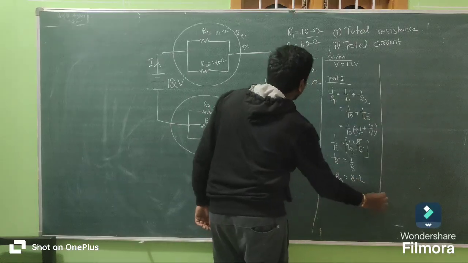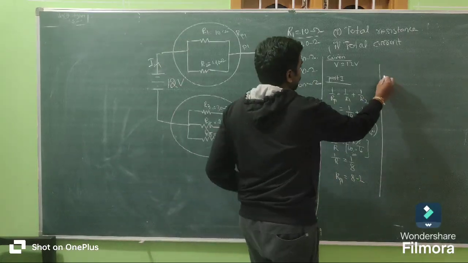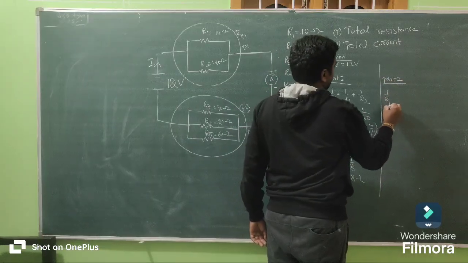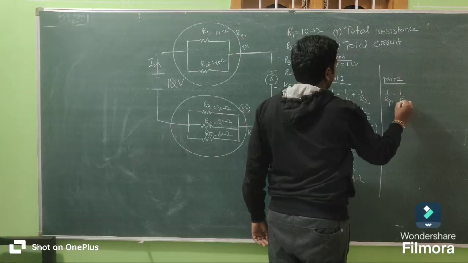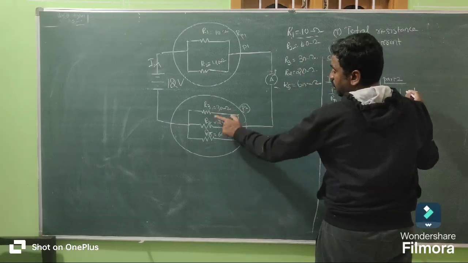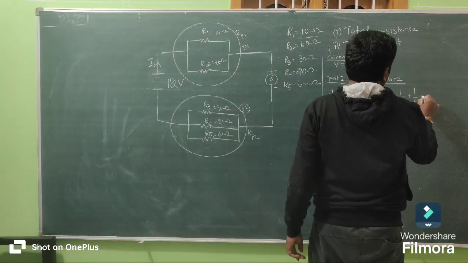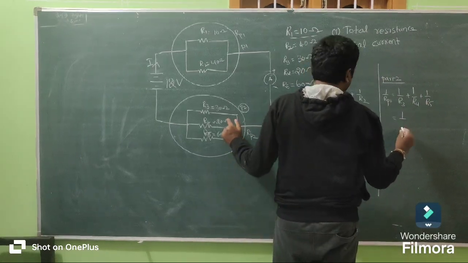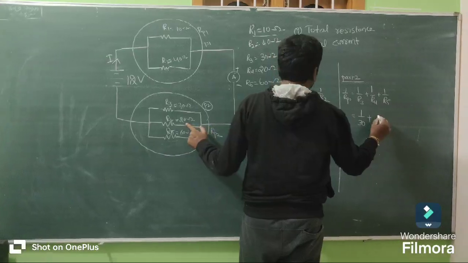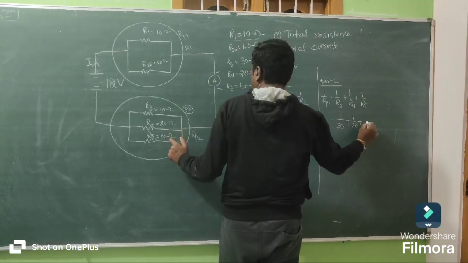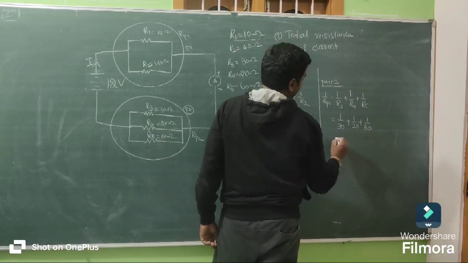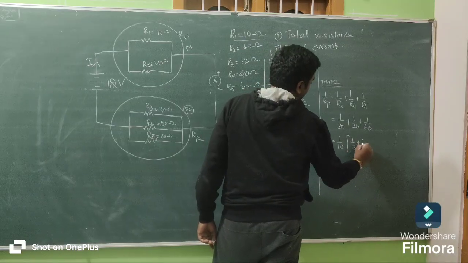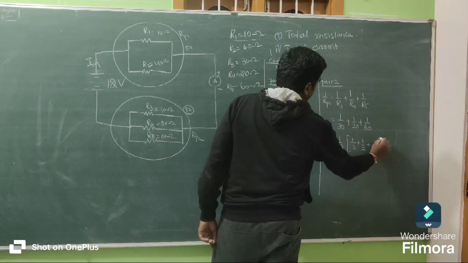Now we have to do the second part. Part 2: 1 by RP2 is equal to 1 by R3 plus 1 by R4 plus 1 by R5. 1 by 30 plus 1 by 20 plus 1 by 60. If you take 1 by 10 as common, 1 by 3 plus 1 by 2 plus 1 by 6.